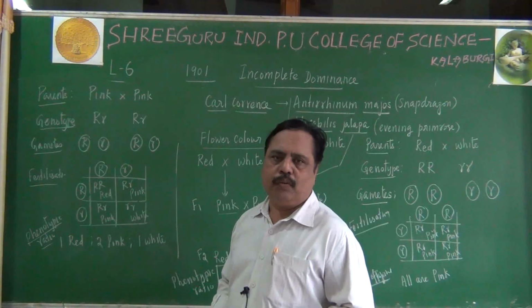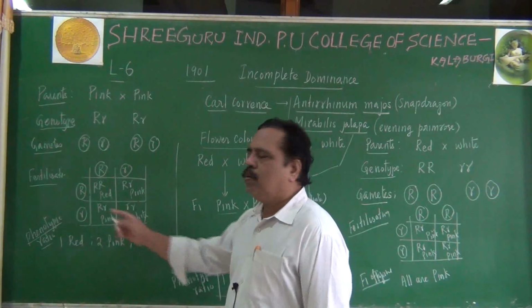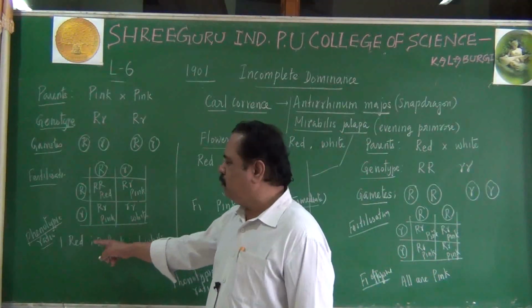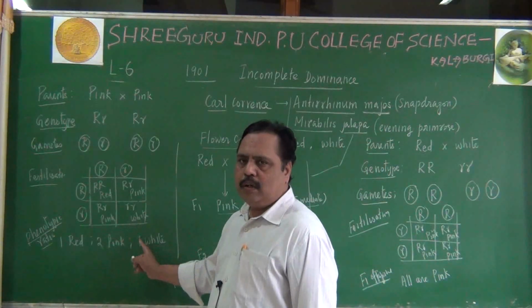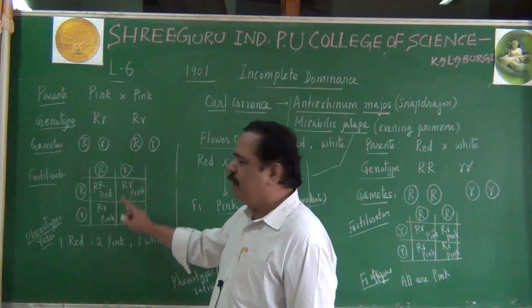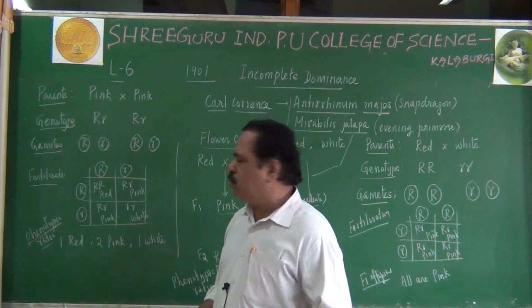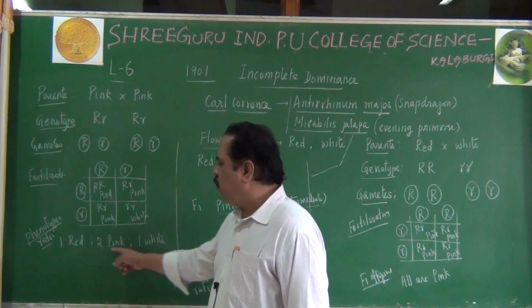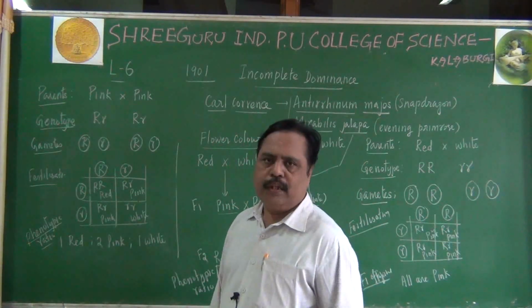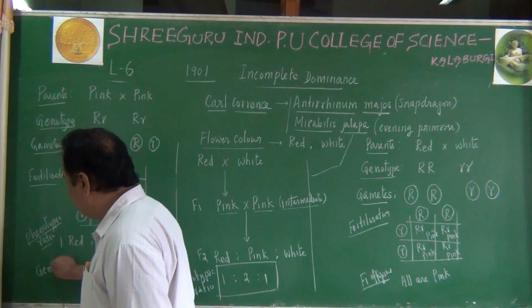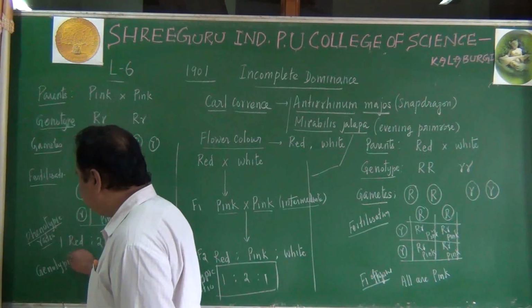What is the point we have to infer? There is no question of dominance. Neither has red become 3 and one dwarf like that, nor has white become 3 and one red like that. There is no 3:1 ratio. You are getting a 1:2:1 ratio. Shall we see the genotypic ratio of these individuals?